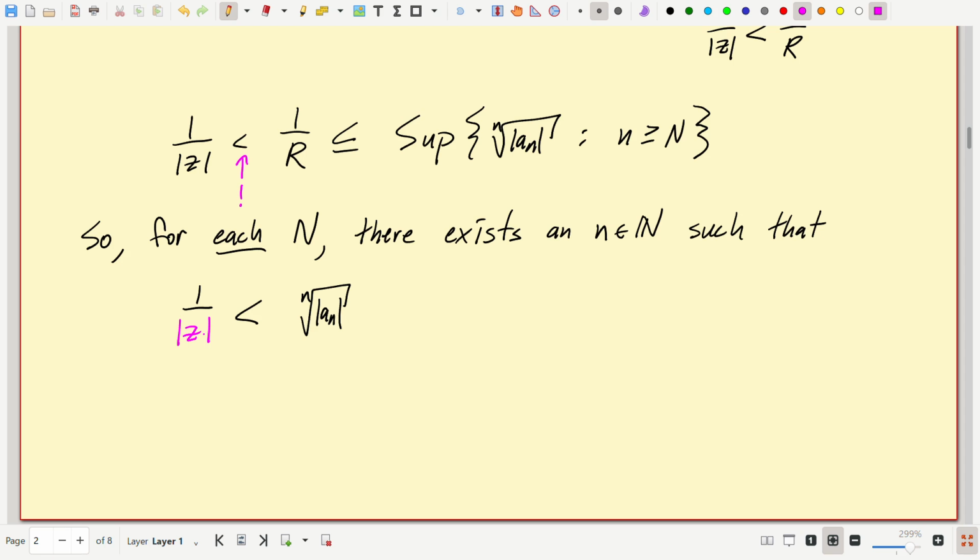Because otherwise it would mean that 1 over mod z is even less than the least upper bound. Okay, this is where you have to think about the meaning of the words and the symbols.